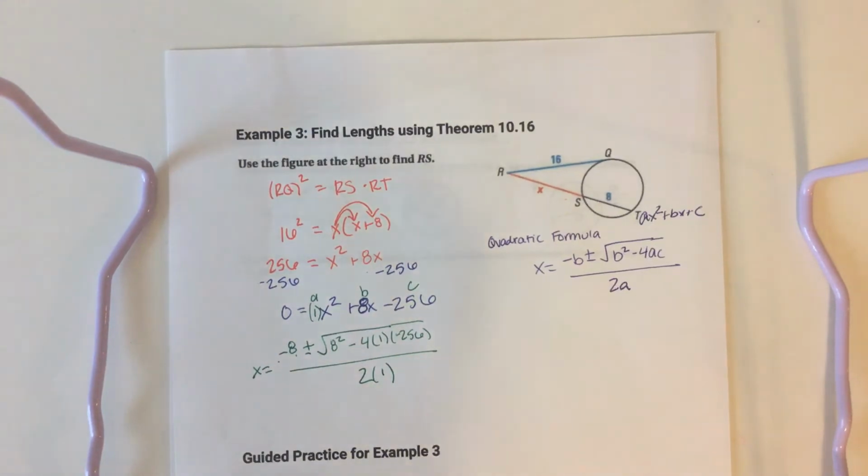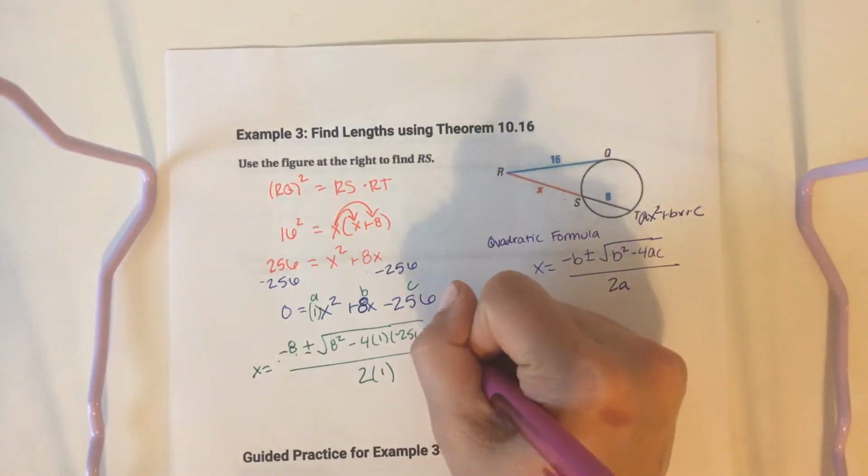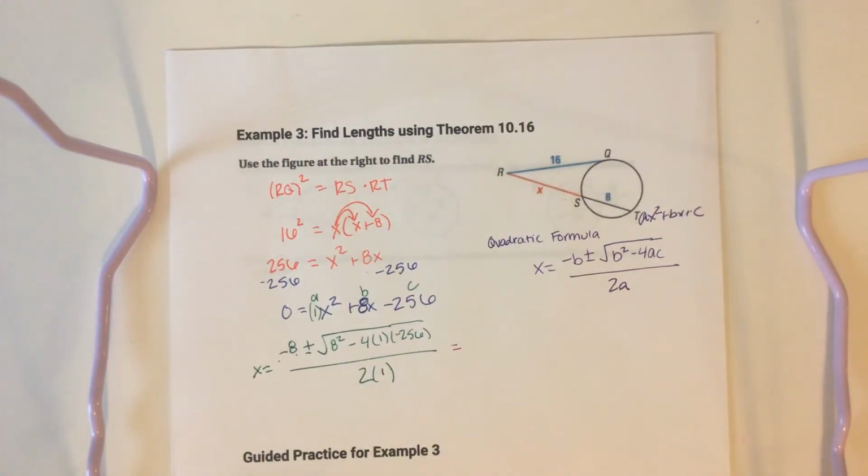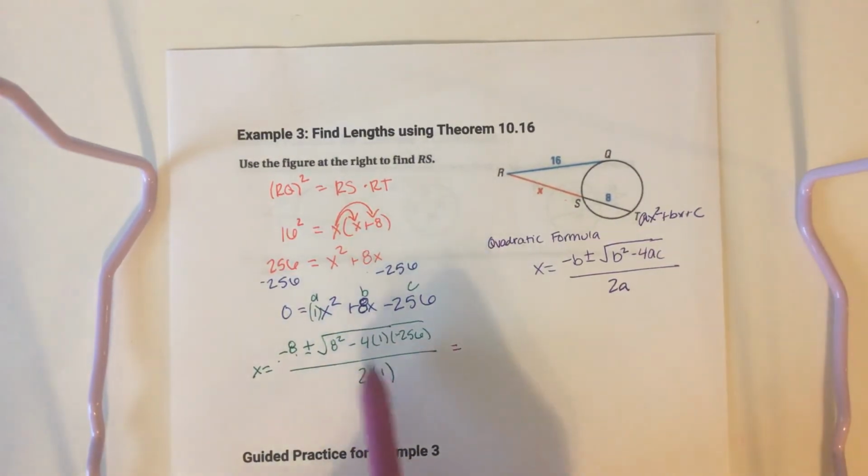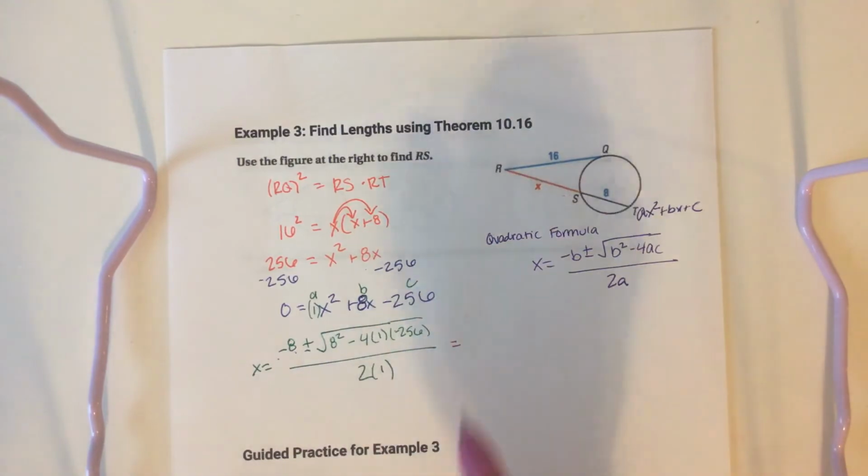And again, this is hard, so hang in there. You guys won't have to do this on your own. I just want you to see it, maybe because if you have done it before, this could be a refresher. And we're just going to clean this up to find out what x is going to equal. And it's going to give us two possibilities because since we have x squared, we have two possibilities for x, and that's where this plus or minus comes in.